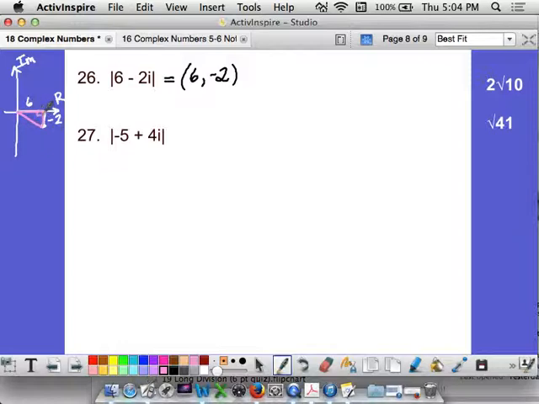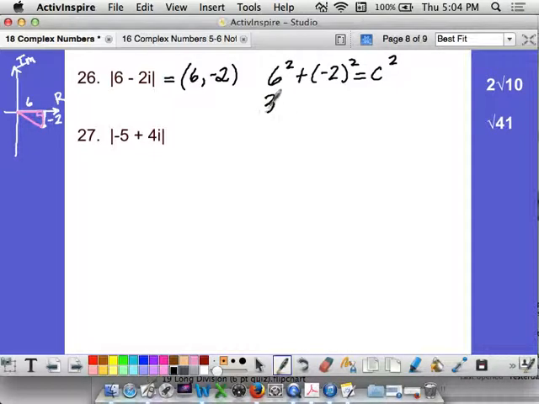I formed a right triangle, and we learned from geometry that we can use the Pythagorean theorem, a squared plus b squared equals c squared. C is this distance to the origin, to 0, which is by definition absolute value.